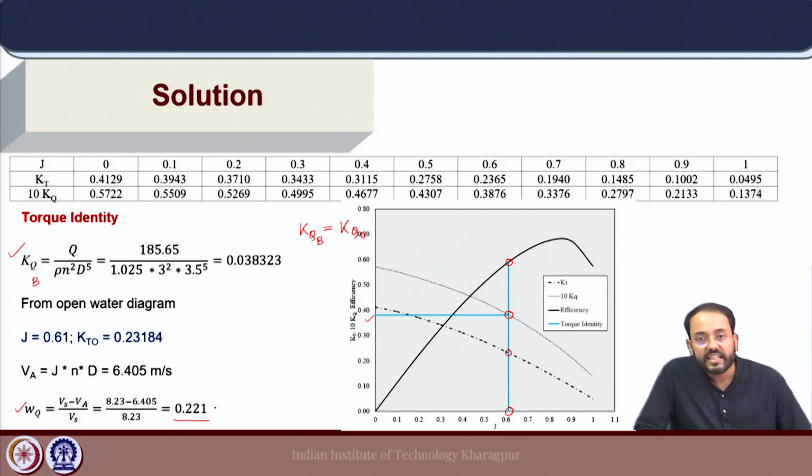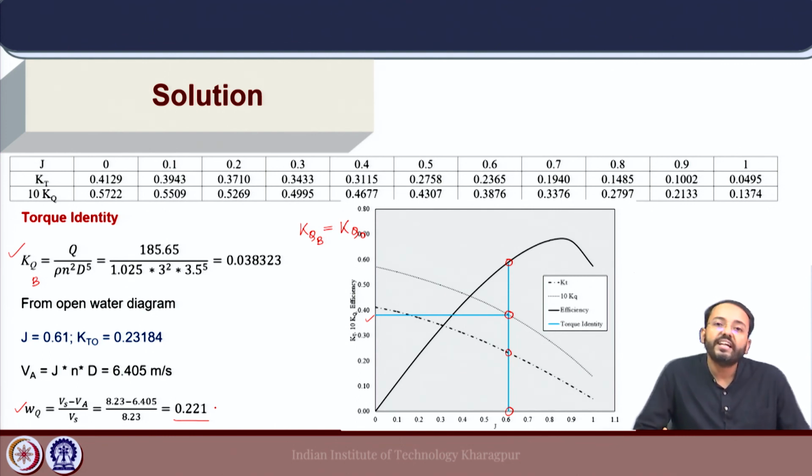Now, this is based on the problem values which are given for the thrust and torque of this particular ship propeller combination. For an actual case, the differences may be slightly lower between the values obtained by thrust and torque identity. Now, in general, when we do self propulsion tests, the thrust identity is used to calculate the propulsion coefficients.